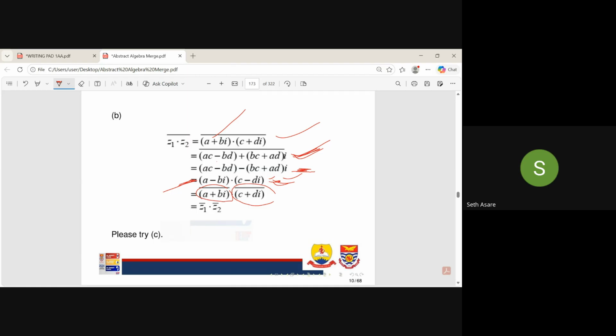So in short, we are saying that when we take the product of two complex numbers and we find their conjugate, it is the same as finding the conjugate of the first one, finding the conjugate of the second one, and now you multiply them. That is all we are trying to show. Are we clear? Yes, sir.